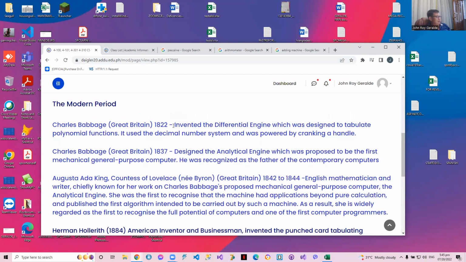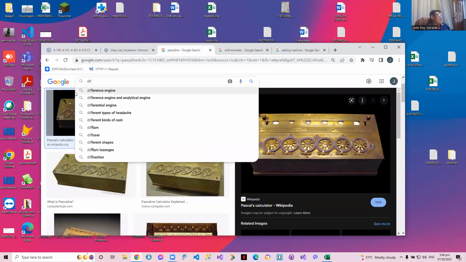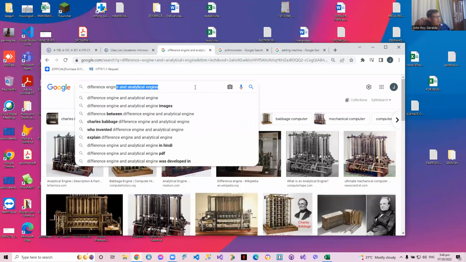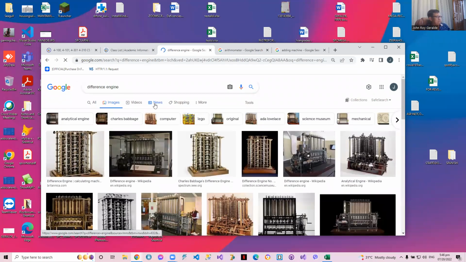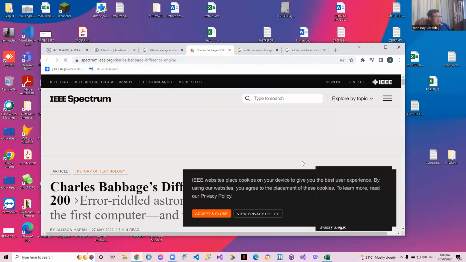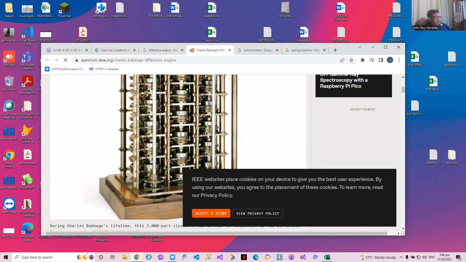The difference engine is actually an engine used to tabulate and compute polynomials. Okay, polynomials.